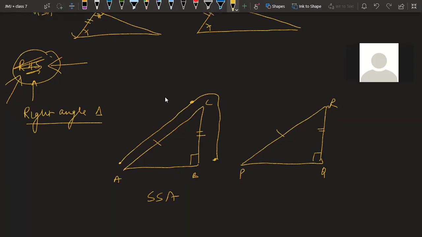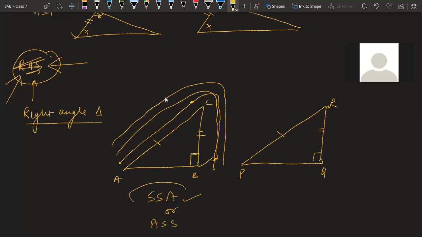So the criteria which is coming right now is side AC, side CB, and angle B. So side side angle is coming. Or if you reverse it, first angle is coming, then side, then side, or angle side side. So class, are these two any criteria for congruency?